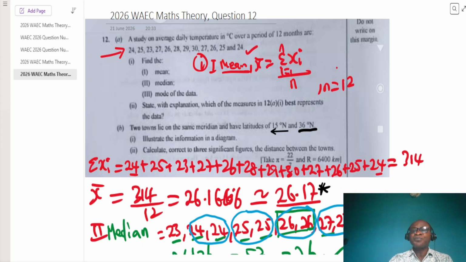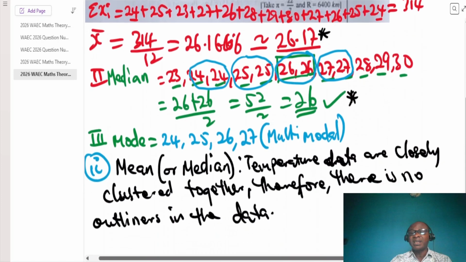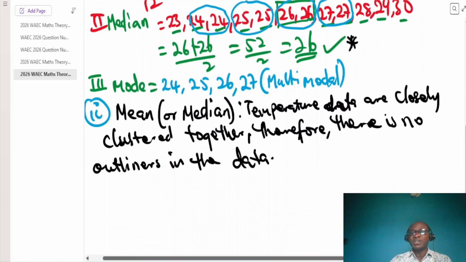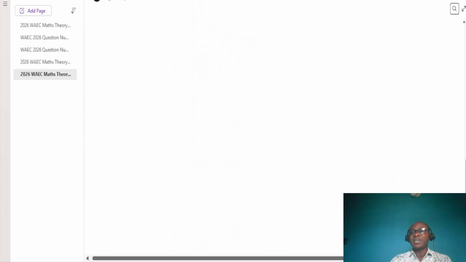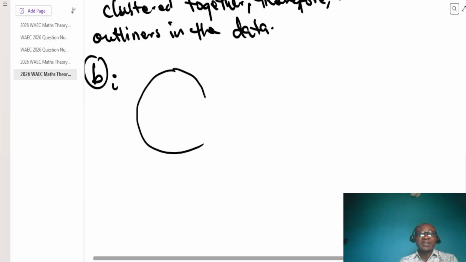Let's do it. First thing that we are asked in the B question of this question number 12 is to draw, to represent the information in a diagram. Okay, let's do that. Number BI. The diagram to represent it is to draw the earth surface. This is the earth surface.